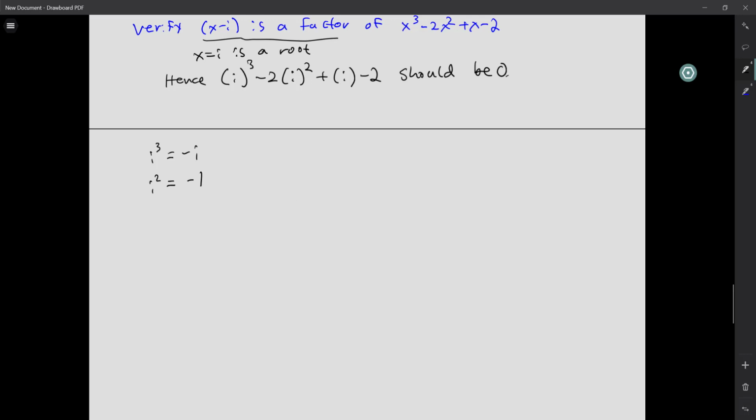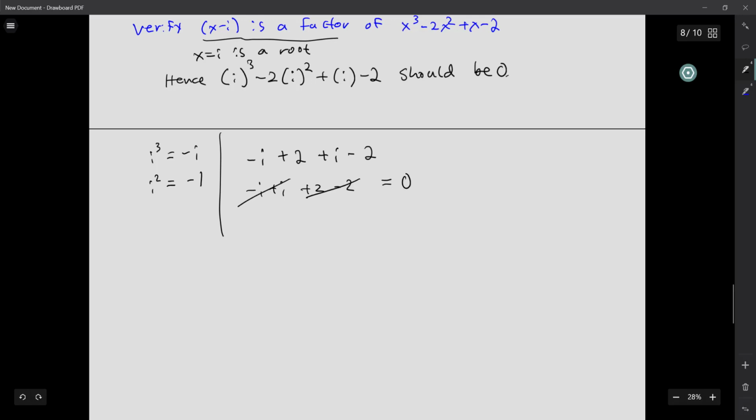So I know that my answer here should be, let's see, minus i plus 2 plus i minus 2. So we got minus i plus 2 minus 2. I end up with 0 after I simplify all of that. So I know that that is a factor.